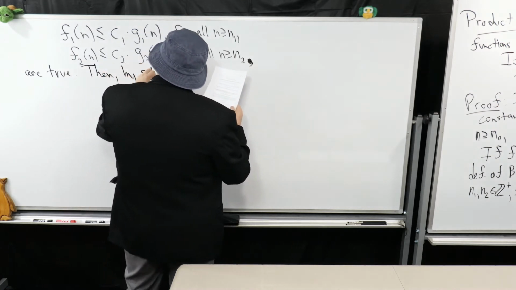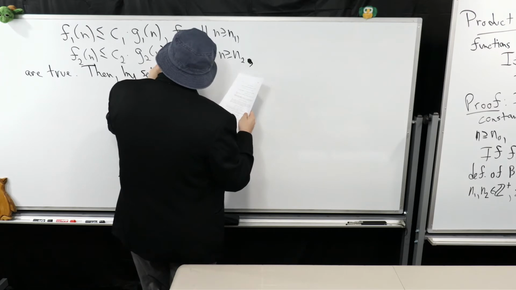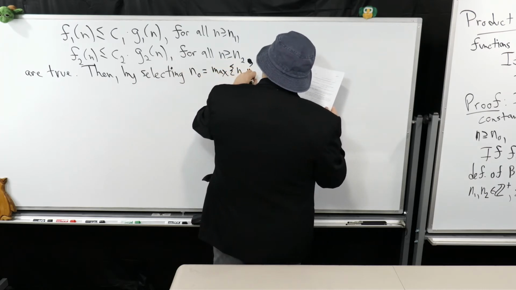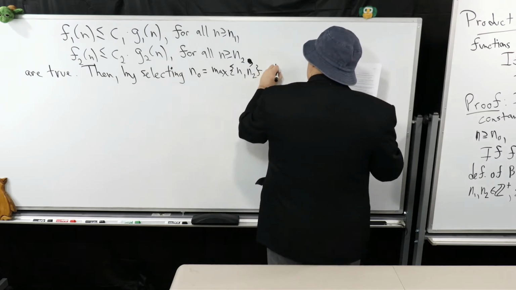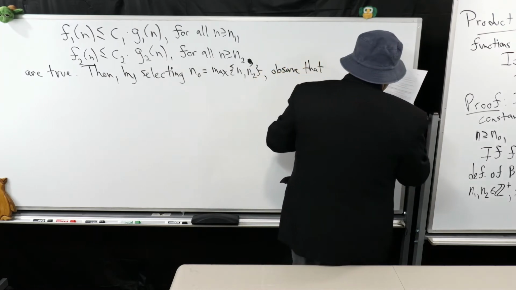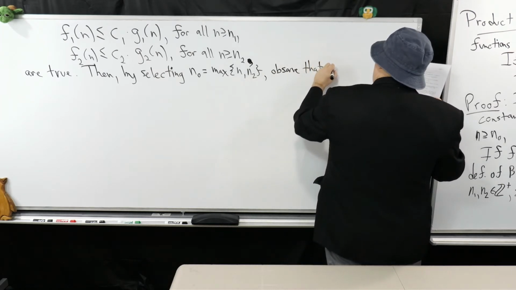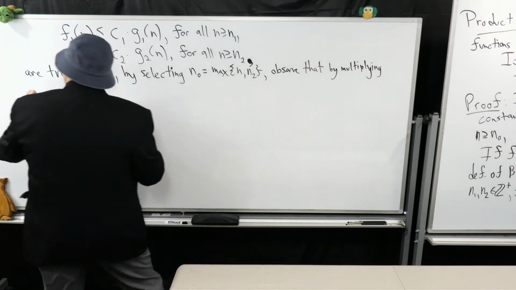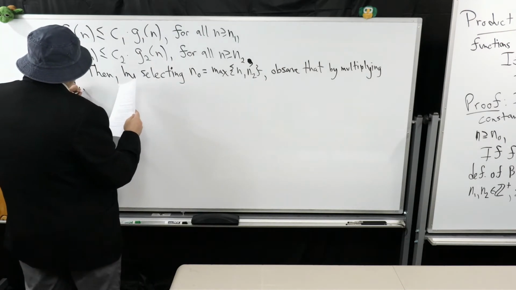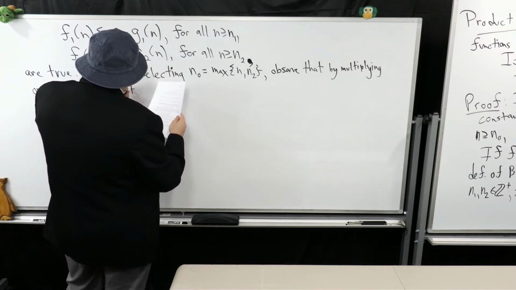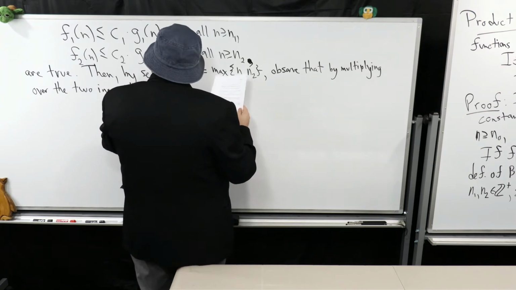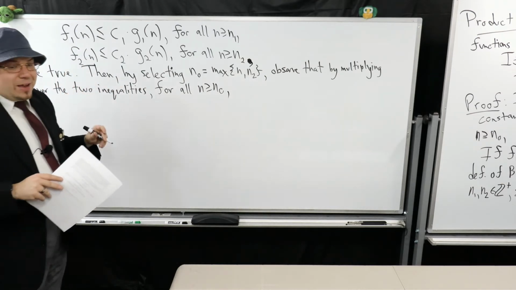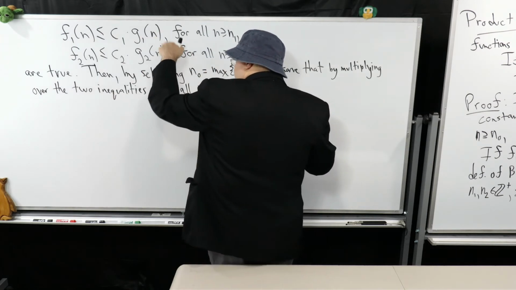By selecting N0 equal to the max of N1 and N2, a trick we did before, observe that by multiplying over the two inequalities, for all n greater or equal to N0 — this part is really important because it tells you for which n this statement is in fact true — I'm going to multiply over these two inequalities I have up here.